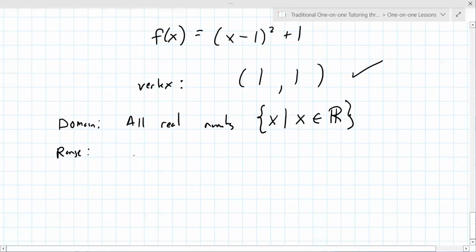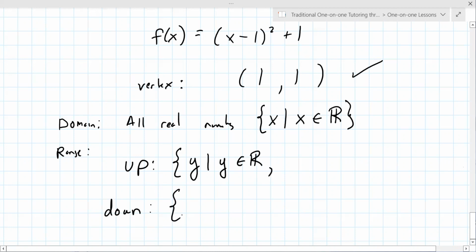So the range has two possibilities. The range depends on whether the parabola opens up or down. Before we make a distinction between them, it starts out the same way: y with a vertical bar, that means such that, y is an element of the real numbers. They both start out the same way though.